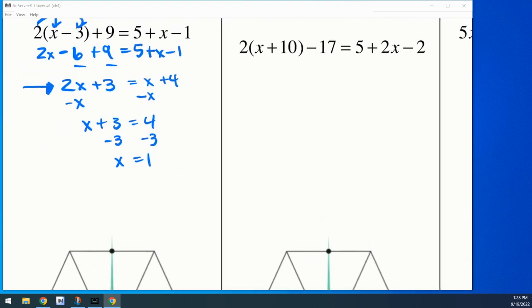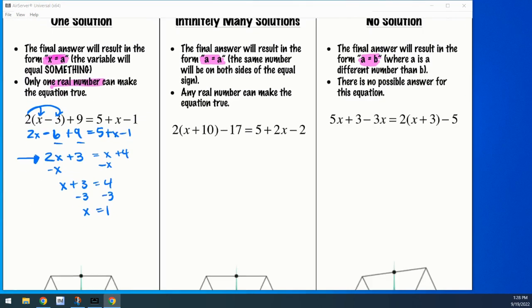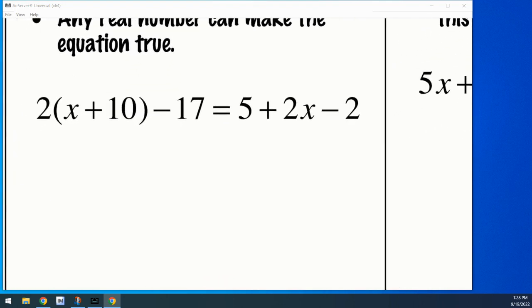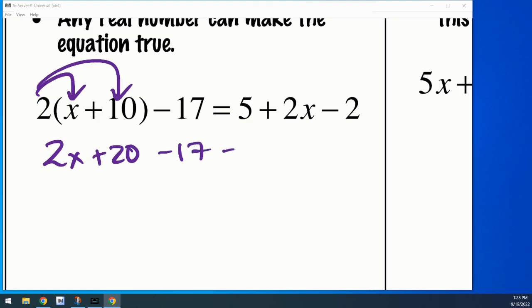Now, I'm going to do this next one. This next one already tells me that it's infinitely many solutions. So we're going to look at this. I'm going to multiply through first. So I get 2x. I'm going to multiply here. I'm going to get plus 20 minus 17 equals 2x plus 3.